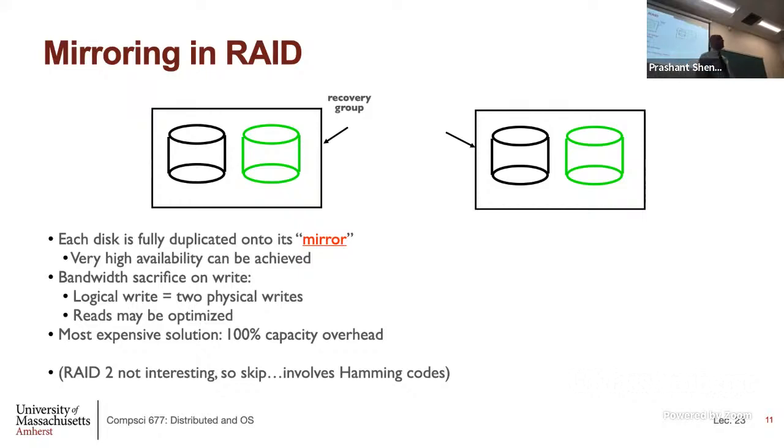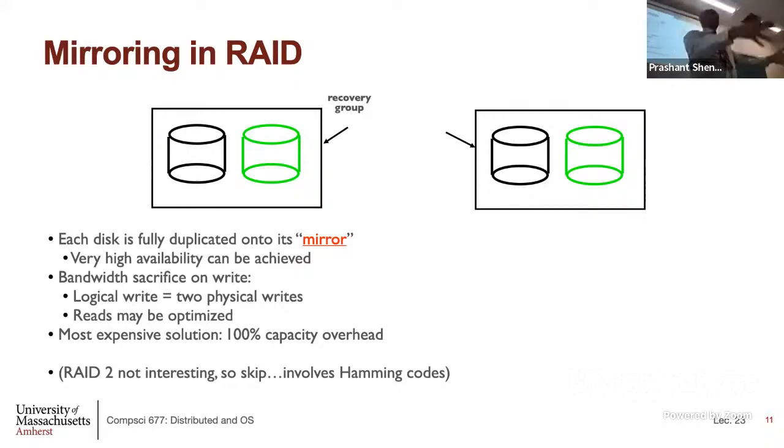So now if a disk fails, I can go to the backup disk and fetch that block. I made 2 copies of everything. So that's RAID level 1. Very simple. It's called mirroring. Every disk needs a backup disk. So if I have n disks in the system, I essentially have n/2 disks of effective capacity, because the other half of the capacity is serving as backup. So I have 10 disks.